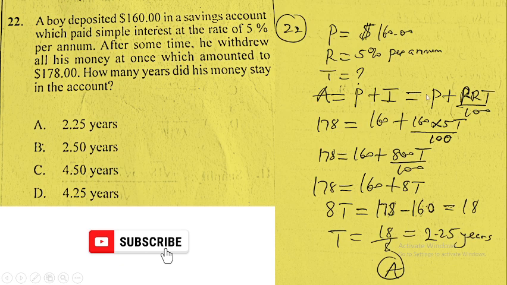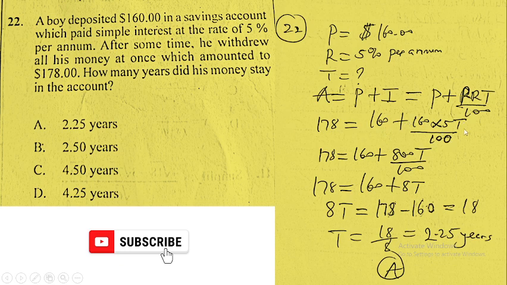We know that to calculate simple interest, we have PRT over 100. So from here, you can find the value of T, knowing that the principal is $160. So the amount he withdrew is $178 equals the principal, which is 160, plus 160 times the rate, which is 5 times T over 100.